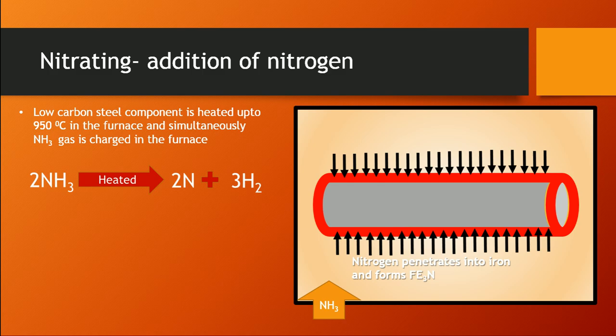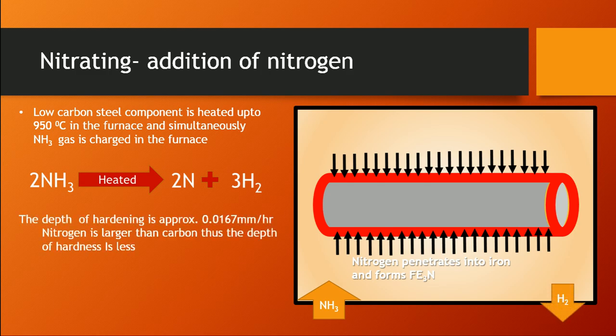As the nitrogen is penetrating into the component, the hydrogen gas generated is simultaneously vented out from the furnace. The main advantage of this process is that due to the absence of oxygen, there is no risk of corrosion, and also the hardness obtained is more.